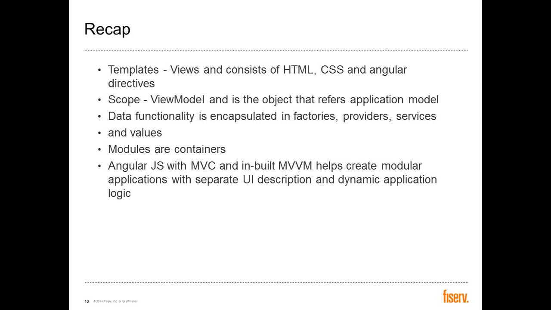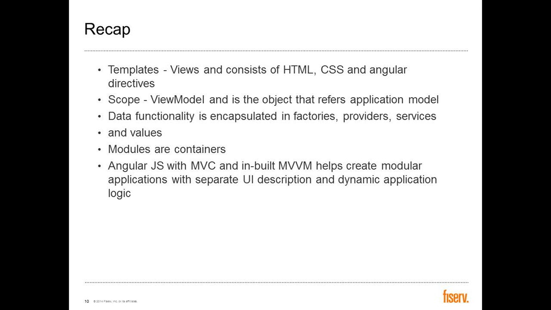Now all the data functionality is encapsulated in factories, providers, services, and values. Then we have modules, which act as containers for all the elements: the controllers, the directives, the filters, custom filters, and the services.